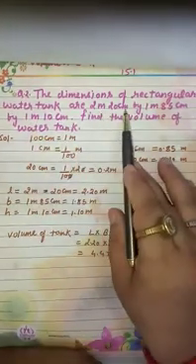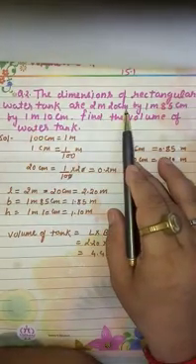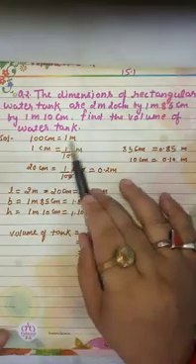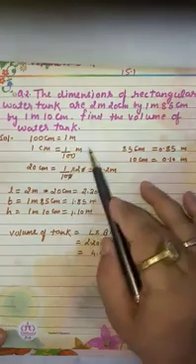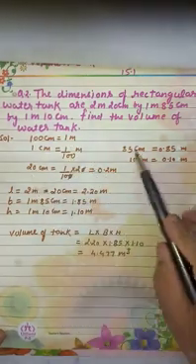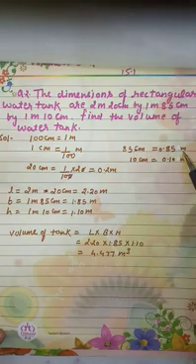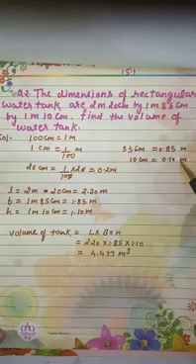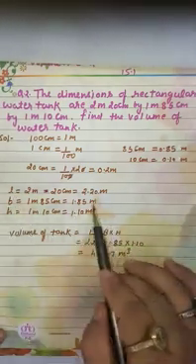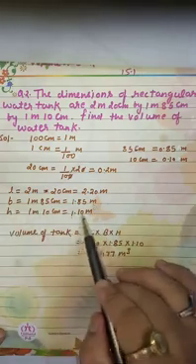Class, meter or centimeter is given, but first of all we'll make the unit same. So 100 centimeter equal to 1 meter, so 1 centimeter equal to 1 upon 100 meter. So the 20 centimeter is 0.2 meter, 85 centimeter is 0.85 meter, 10 centimeter equal to 0.10 meter. So the length is 2.2 meter, breadth is 1.85 meter, height is 1.10 meter.